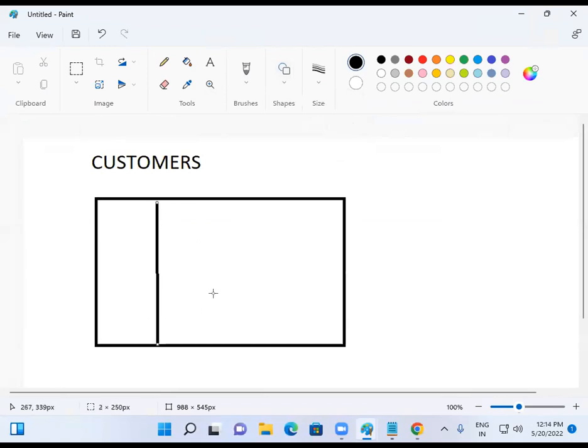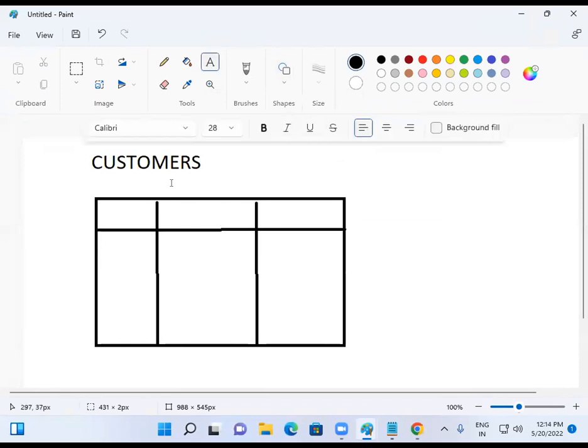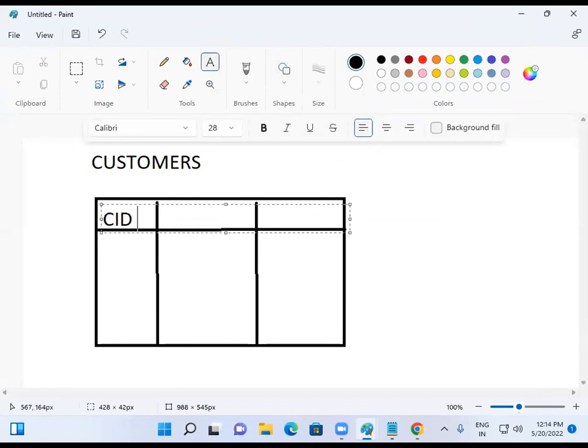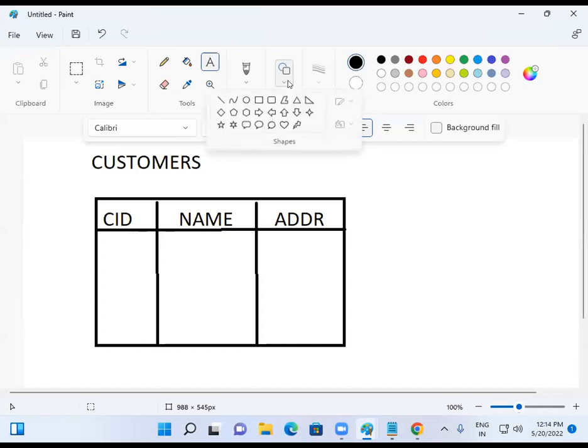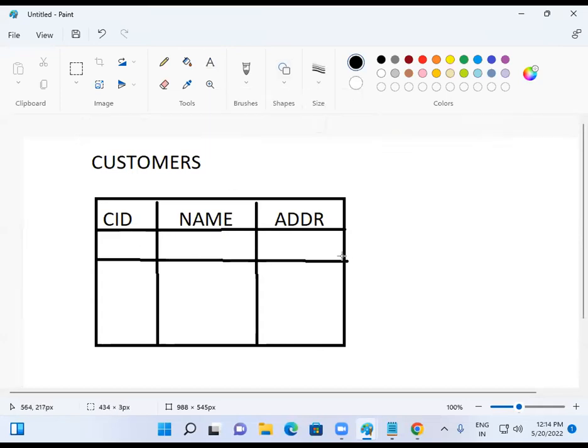So inside the database, how is customer data stored? Customer ID, name, address.